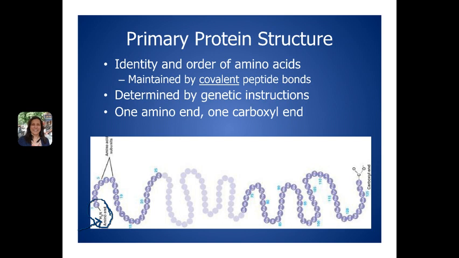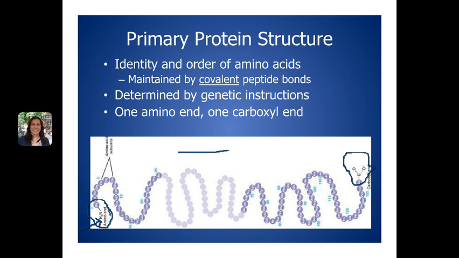The last amino acid is going to have a free carboxyl group, and that makes up the carboxyl end of the polypeptide chain. All of the other carboxyl groups and amino groups that were present in the free amino acids reacted with each other to make peptide bonds and to connect the amino acids to each other.